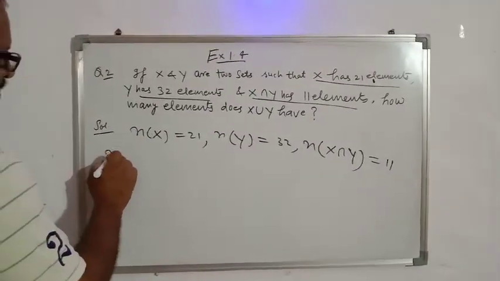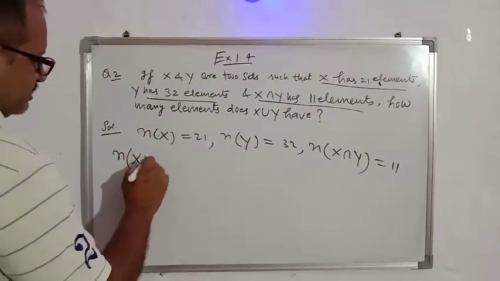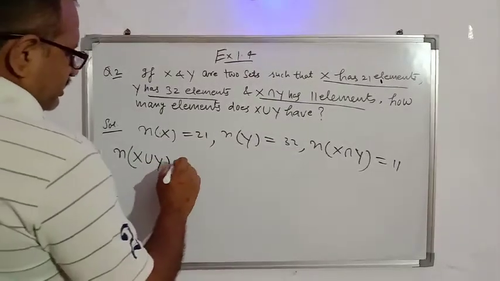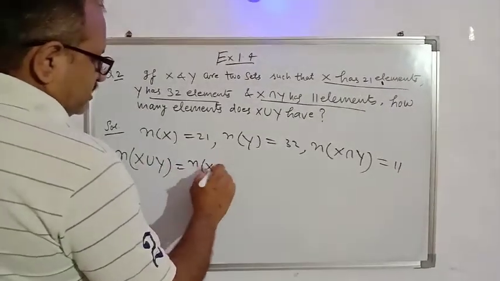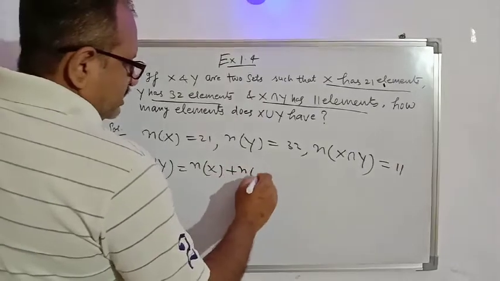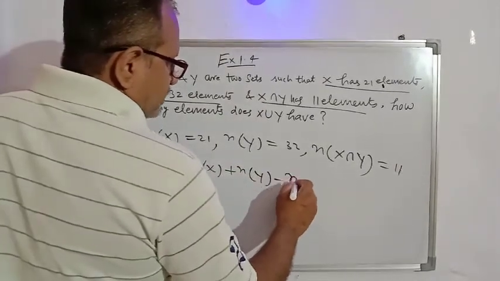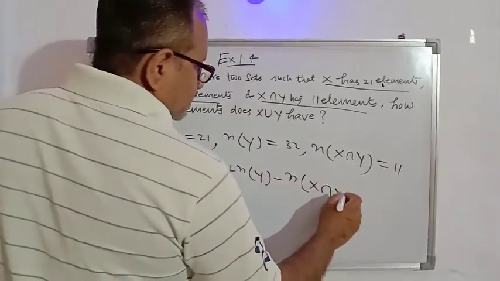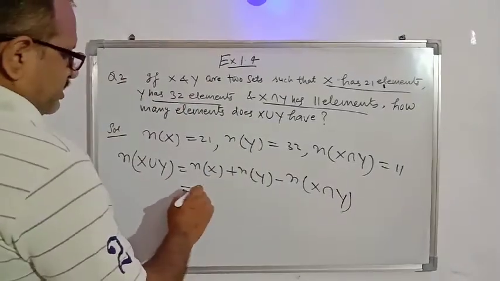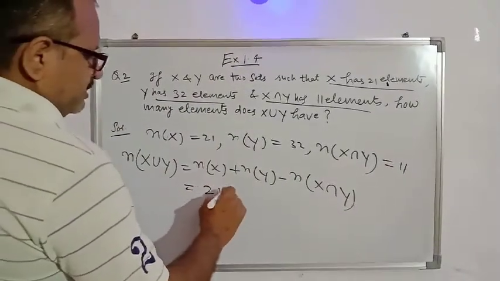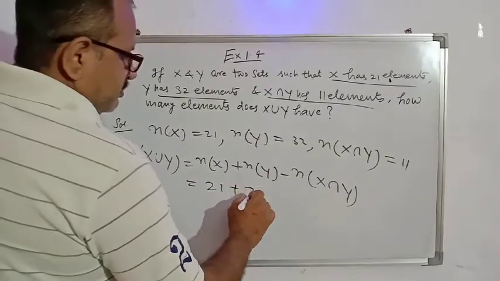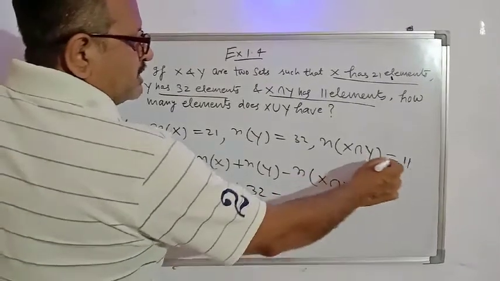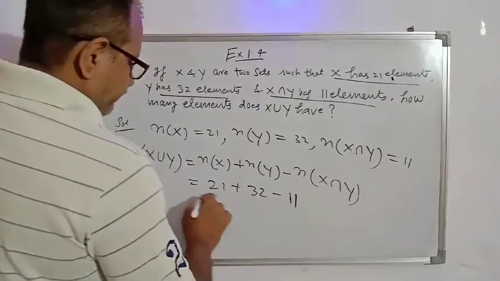So we know the formula: n(X union Y) is equal to n(X) plus n(Y) minus n(X intersection Y). n(X) is 21, n(Y) 32, X intersection Y 11.